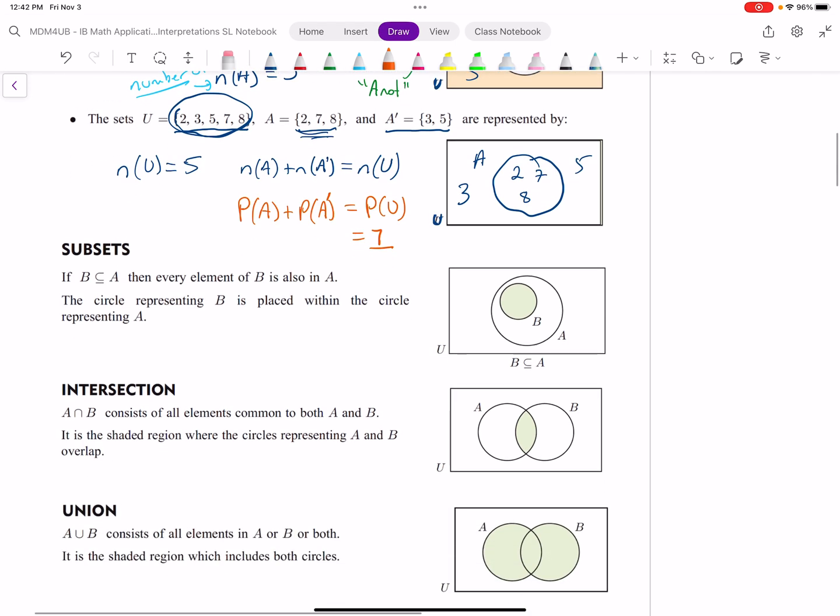So there's a bunch of notation within Venn diagrams, and sometimes the notation is the tricky part. For example, a subset is something that is contained within another set.